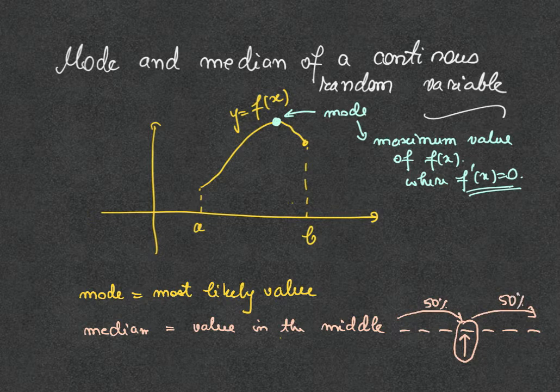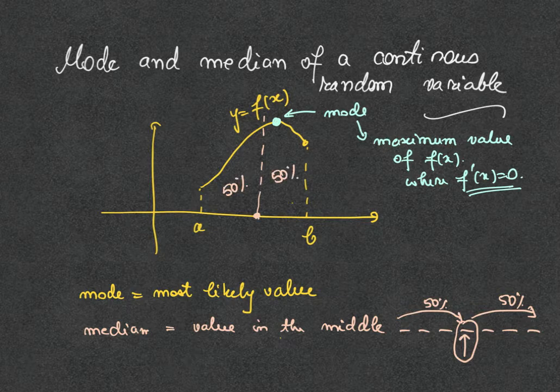So if I'm looking at a continuous random variable, you are looking for a point here somewhere, I don't know exactly where, such that here you have 50% of the data and here you have 50% of the data.